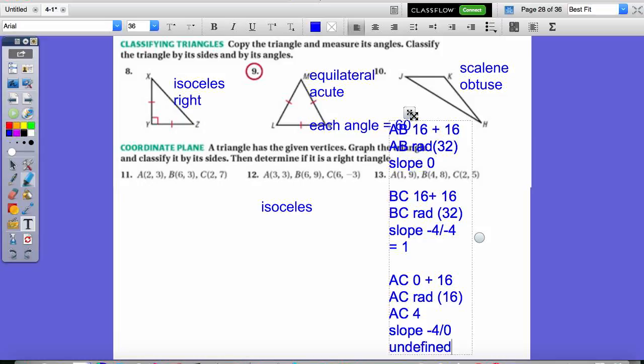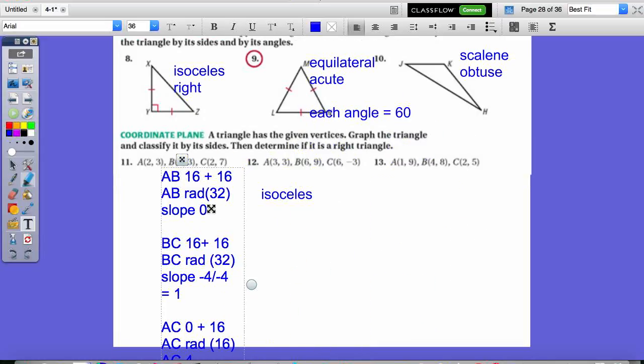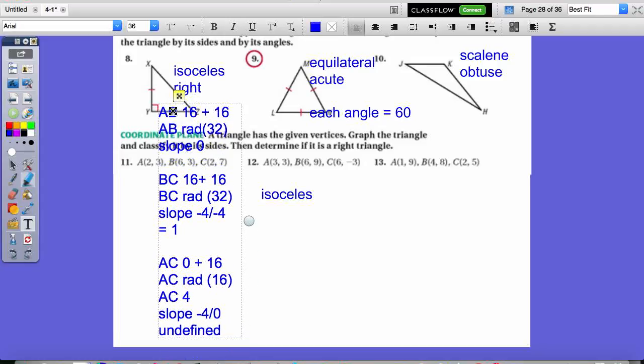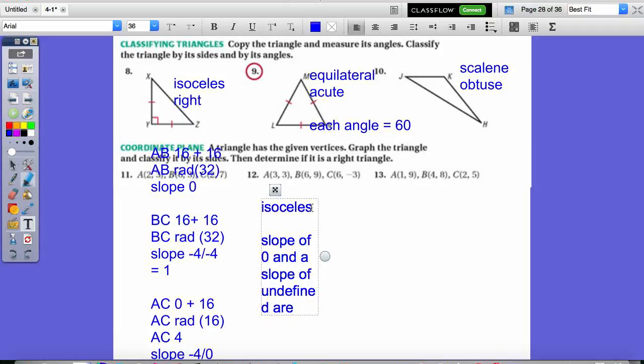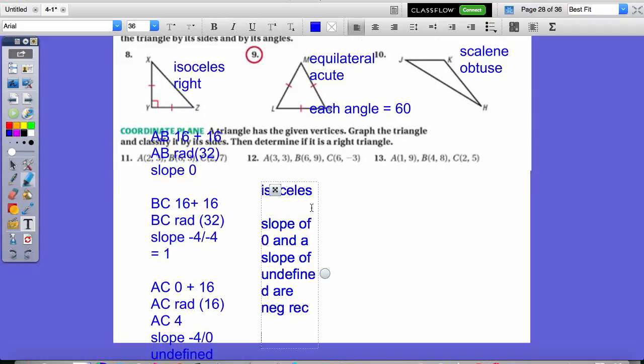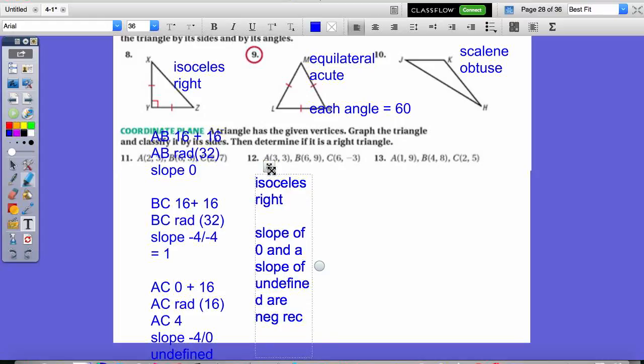So since AB has a slope of 0, that's a horizontal line, and AC has a slope that is undefined, that's a vertical line. So we're going to remember that a slope of 0 and a slope of undefined are considered negative reciprocals. So it is isosceles, and it is right. Okay. Now we're going to go ahead and do number 12.